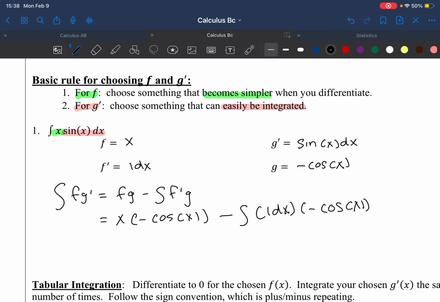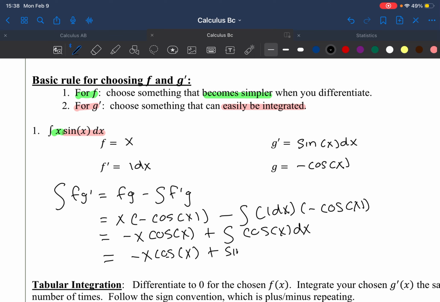Okay, so I simplify this and I have negative x cosine of x plus the integral of cosine of x dx. And so I simplify this because I can easily take the integral of cosine of x. The integral of cosine of x is sine of x, so this is going to be plus sine of x plus c. That's my answer.